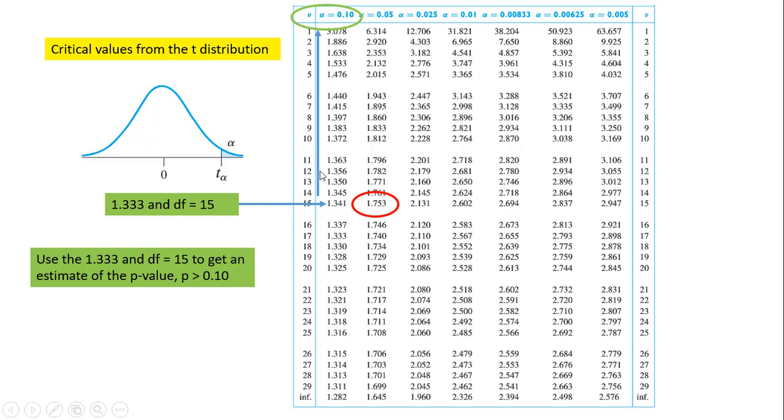Okay. We know this column is the alpha is 0.10. So that would be the area in this tail. And we're still to the left. So our bound would be just above 0.10. Okay. So we get something like p is greater than 0.10.